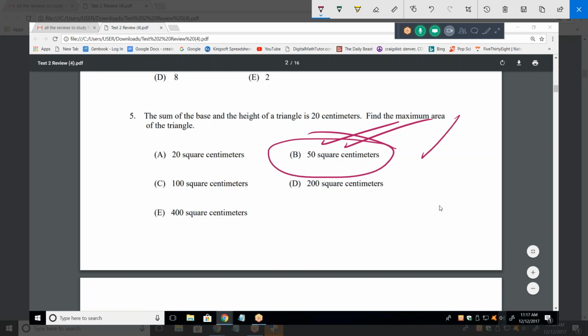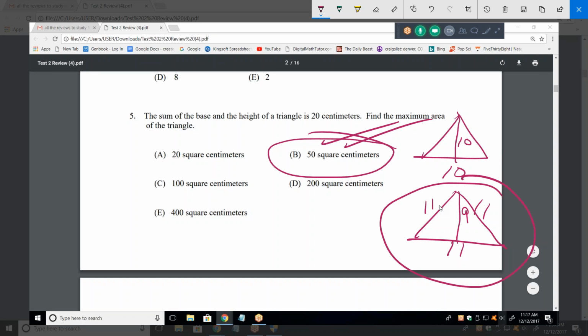And I know that a triangle that is 10 by that is going to be close to a triangle that was maybe 11 and 9 and 11 and 11. This is what I would have expected, but this gives you an area of 49. So it's still really close to 50.